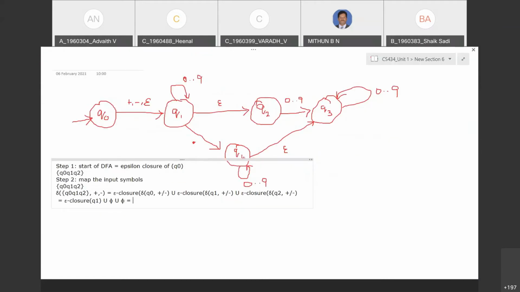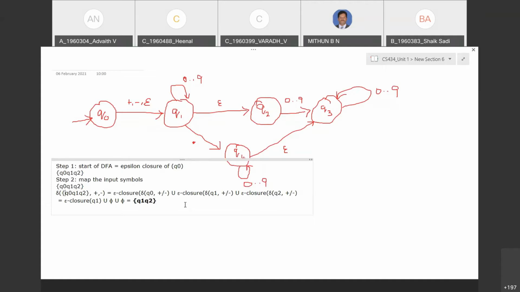What is epsilon closure of Q1? It is Q1, Q2. So now Q1, Q2 is a new state that I have obtained. I just make it bold.